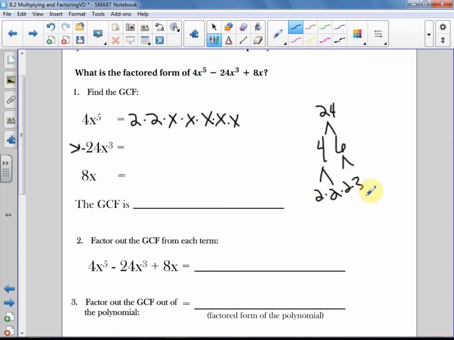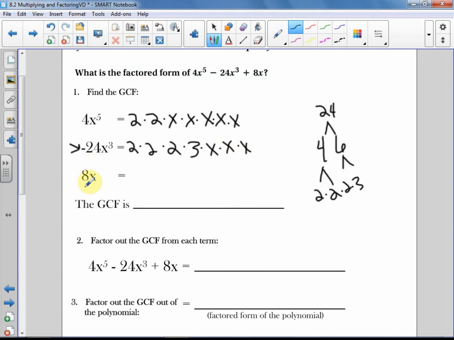These are all prime factors. So the prime factorization of 24x cubed is 2 times 2 times 2 times 3, and I also have 3 x's to be factored out, I'm sorry.